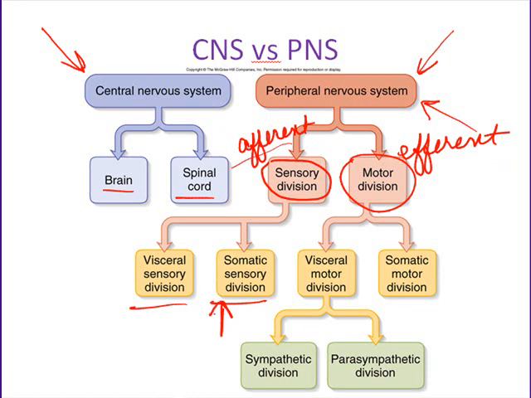On the other hand, we can also get information about our internal environment, and that occurs via collection through neurons in the visceral sensory division. So information about, say, how much your stomach is stretched after a meal, your heart rate, how full the bladder is, etc. That would be conveyed as sensory information from the visceral division.